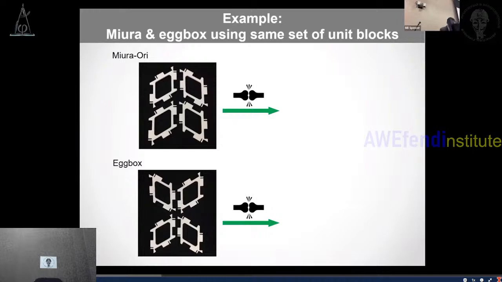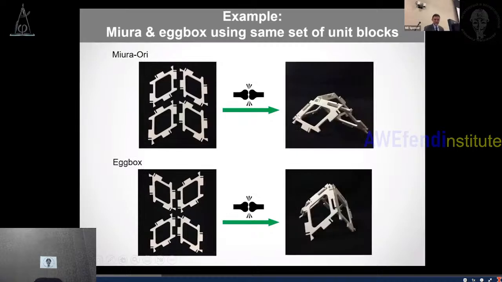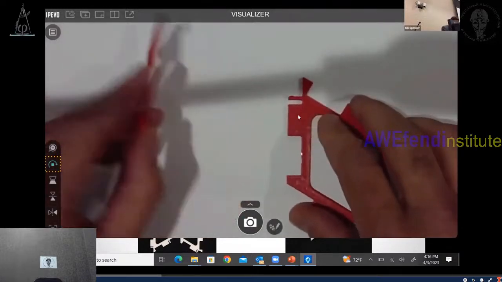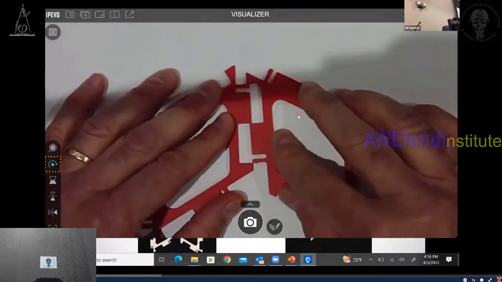In the class, the students have to play with the Legos, and you can see here that if you assemble them in this way, you get a Miura, and that way you get the egg box. Maybe very quickly I could give a demo, and they do this in class, for example.